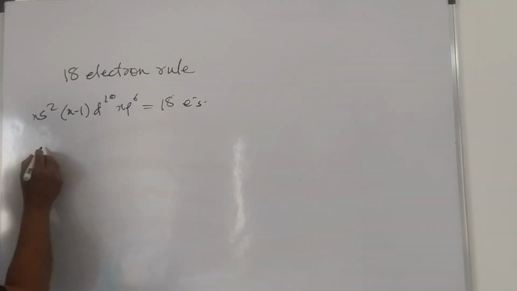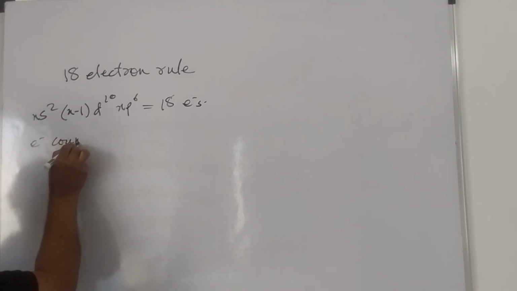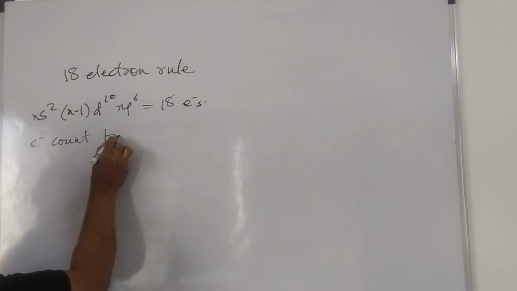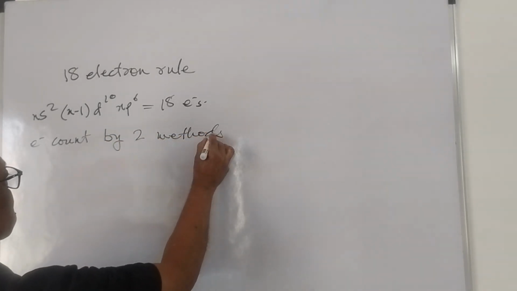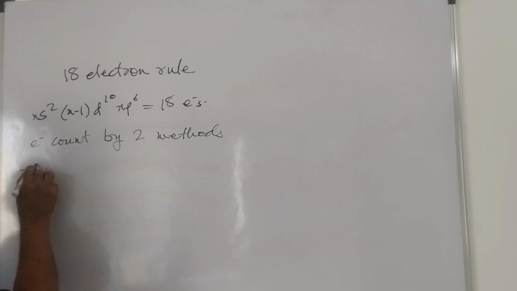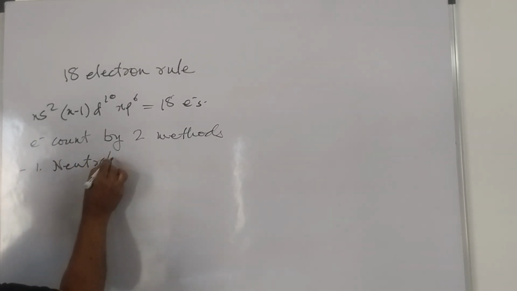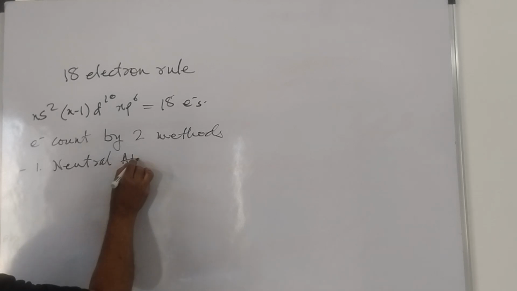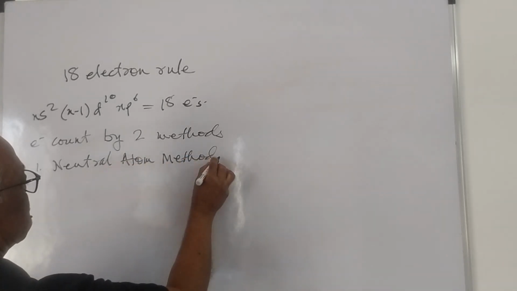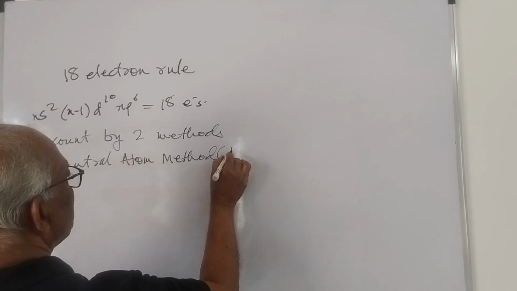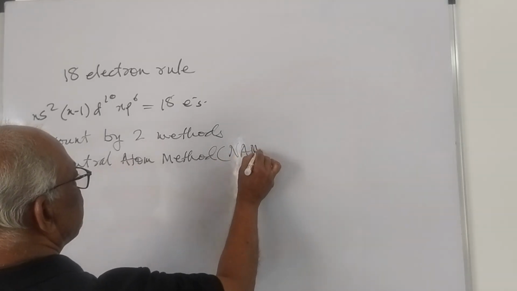There are two methods of counting electrons. One is the neutral atom method, which we can shortly call NAM.